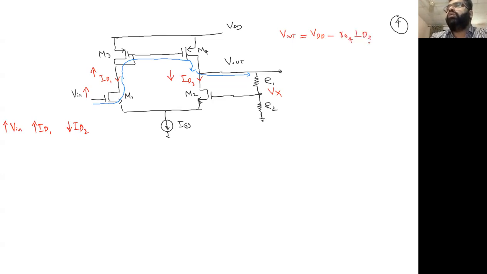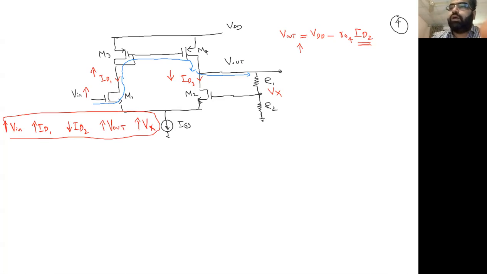If ID2 goes down, this V out will go up, right? So V out will go up. If V out goes up, Vx will also go up. Okay, so you can see this table, which is just made here for you. V in goes up, ID1 goes up, ID2 goes down, V out goes up, Vx goes up.